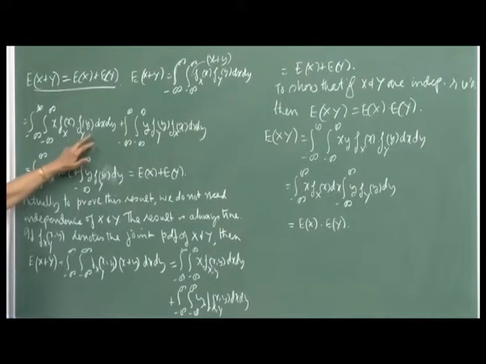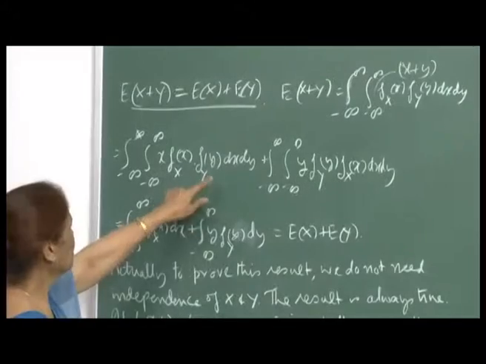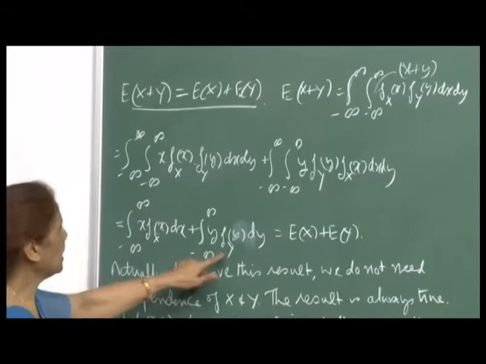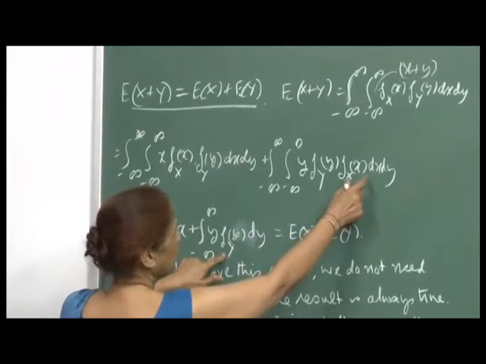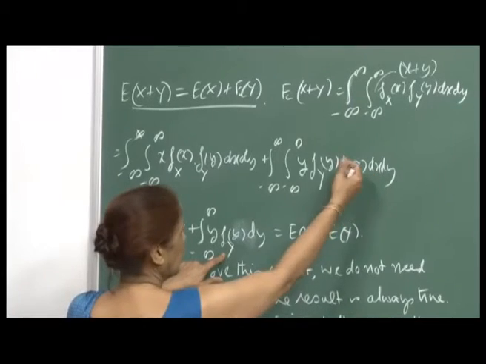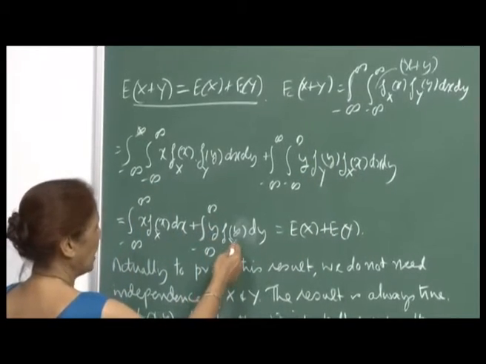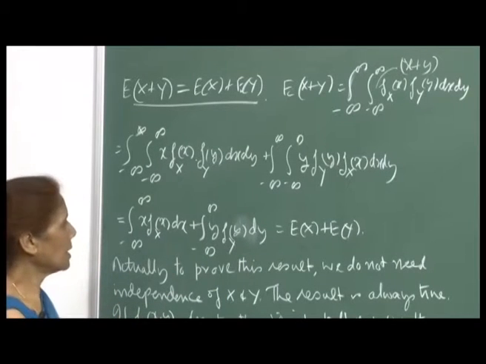Now, if you integrate with respect to y, then the integral of f_Y(y) dy will be 1, because this is the PDF of y, and so you will be left with the integral of x f_X(x) dx from minus infinity to infinity. Similarly here, integration with respect to x results in 1, and so you get the integral from minus infinity to infinity of y f_Y(y) dy, and this is E x plus E y.